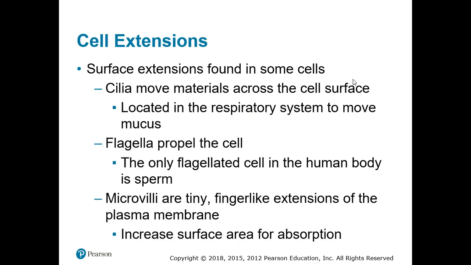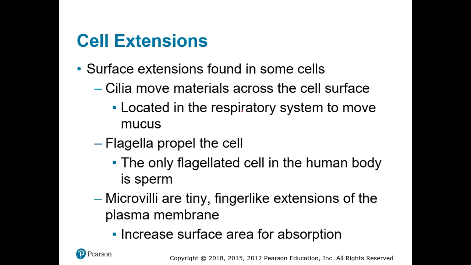Last but not least, we're going to end this section talking about cell extensions. There are some cells that have surface extensions found on them, and the three that are most familiar are cilia, flagella, and microvilli. Cilia tend to be located on the surface, and these are basically small little extensions that help move things through.